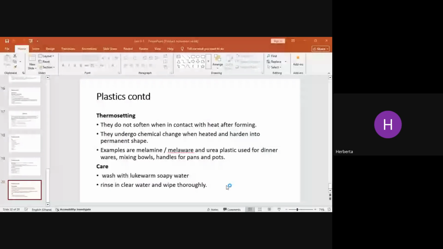When the sun and the alkaline in the water meet, they form a bleaching agent which cleans the stain that is in the plastic.